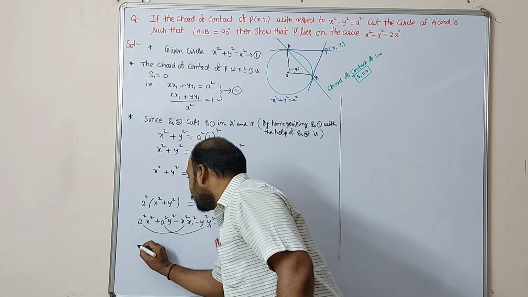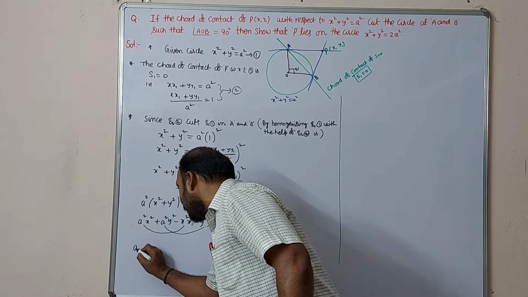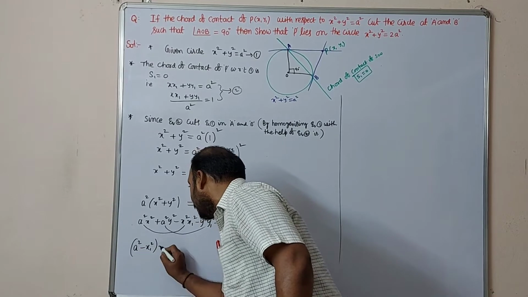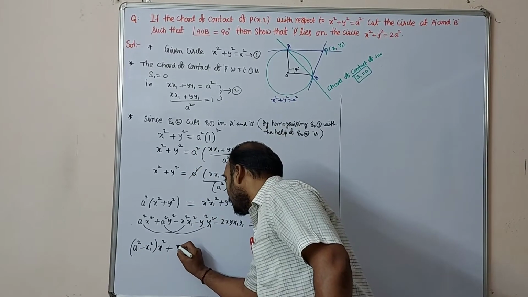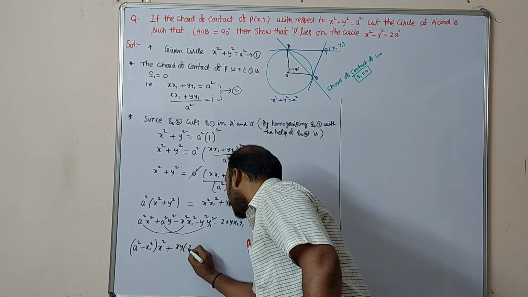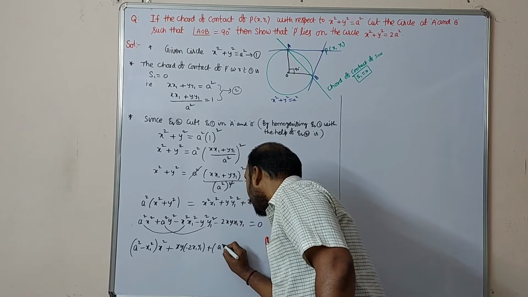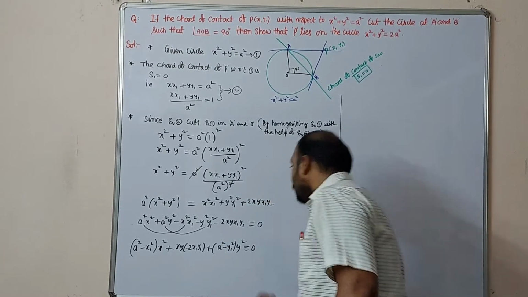Here we'll write one more step. So a square minus x1 square into x square plus xy into minus 2x1 y1 plus a square minus y1 square into y square is equal to 0.